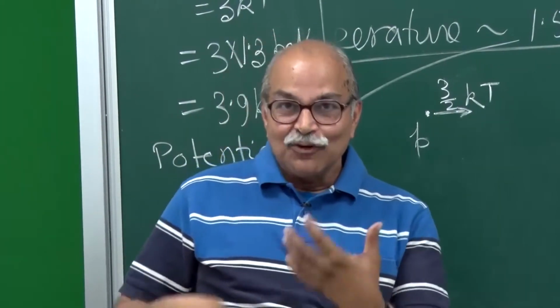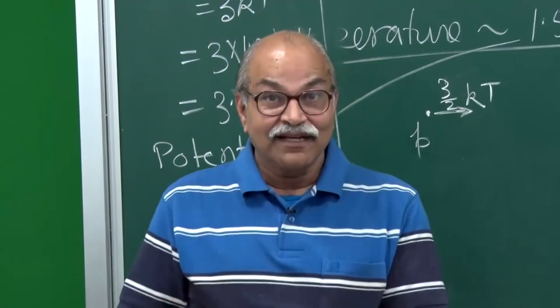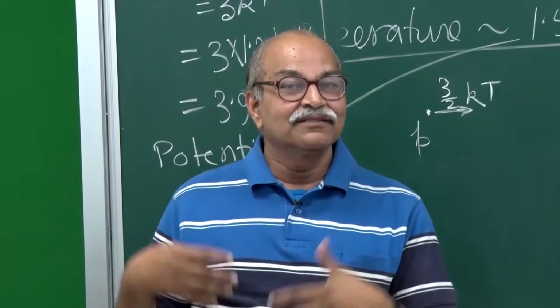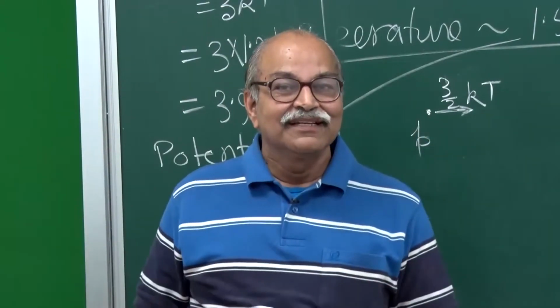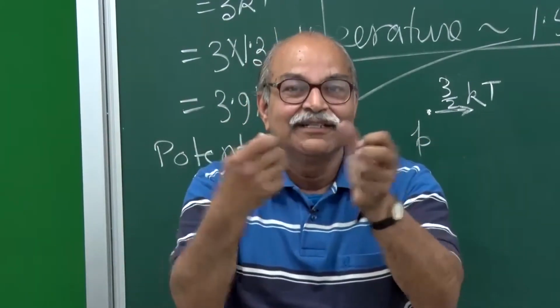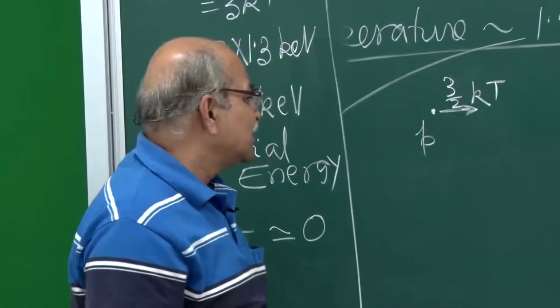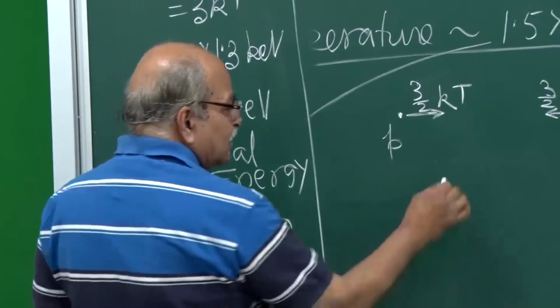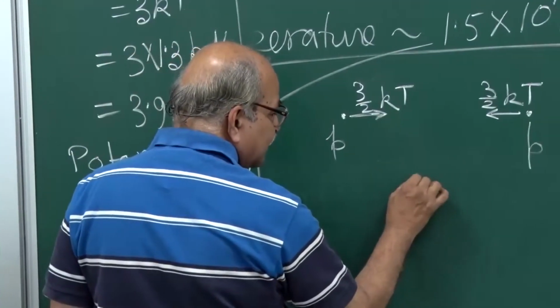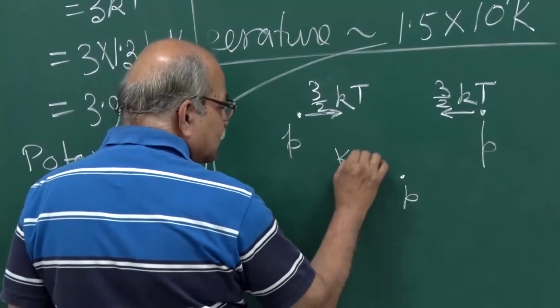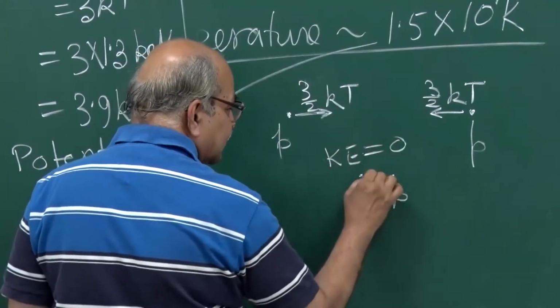If I calculate that R and get a sensible value, then yes, sure. And if I see that R is negative or unphysical, then we will say that they are going and almost colliding with each other. So let's look at the situation where these two protons have come close enough, and at this time the kinetic energy becomes 0 at some separation R.